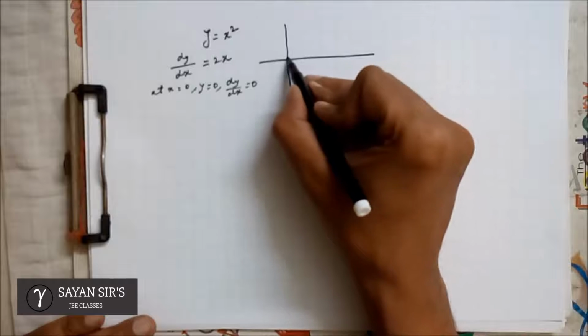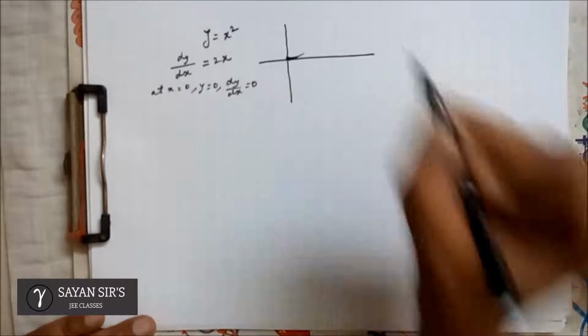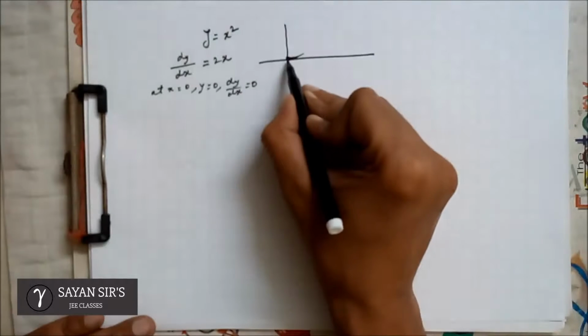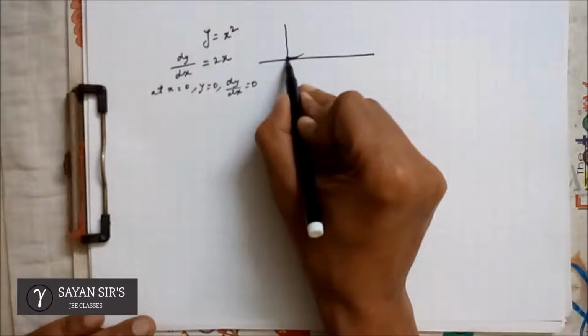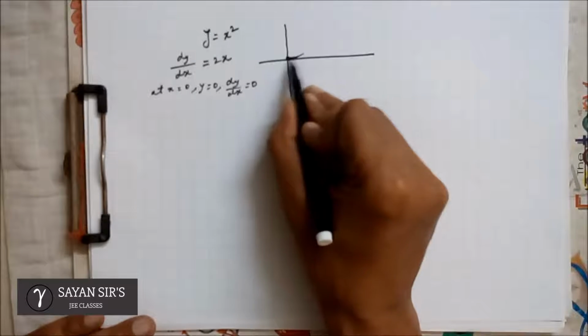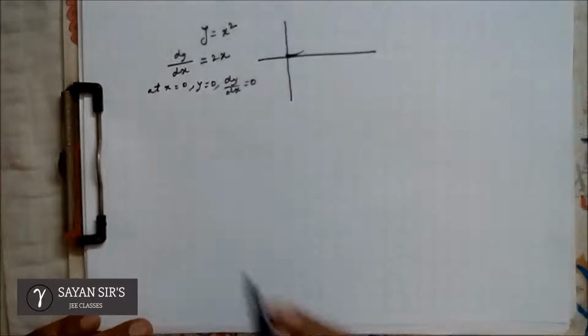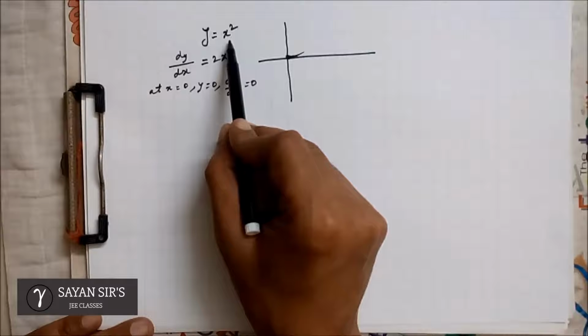So the graph will start somewhat in a manner like this, so that at the origin, if I draw the slope, I get the angle to be 0, and tan theta will therefore become 0. We can also see that as x increases, y increases.